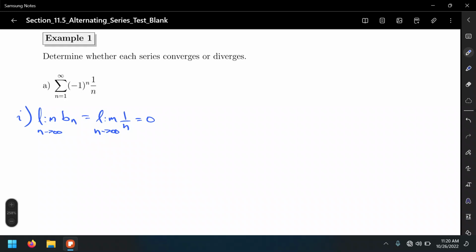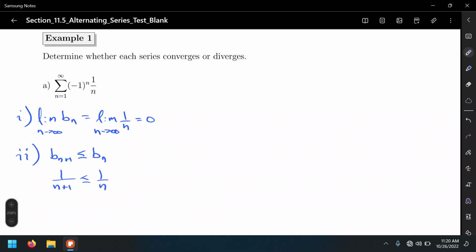Let's go about the second condition, that b sub n plus 1 is less than or equal to b sub n. In other words, for the original sequence 1 over n, wherever you see the letter n, replace it with n plus 1. That is 1 over n plus 1 less than or equal to 1 over n.